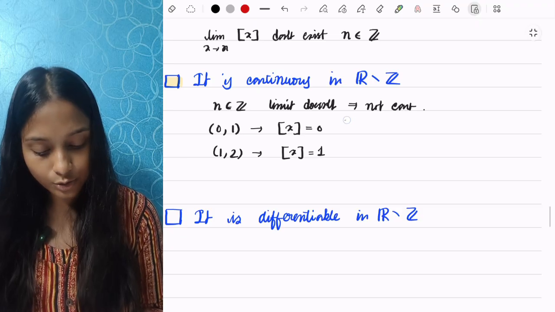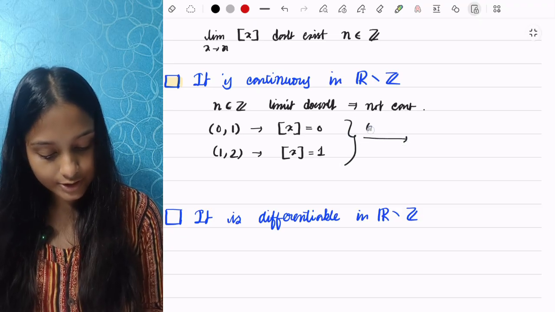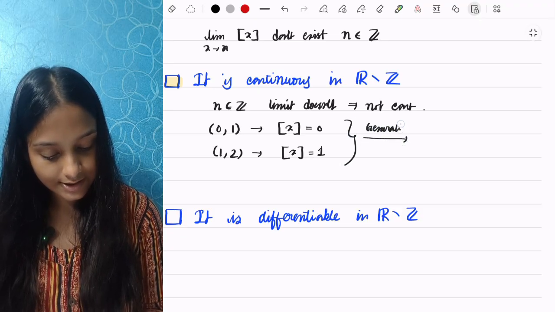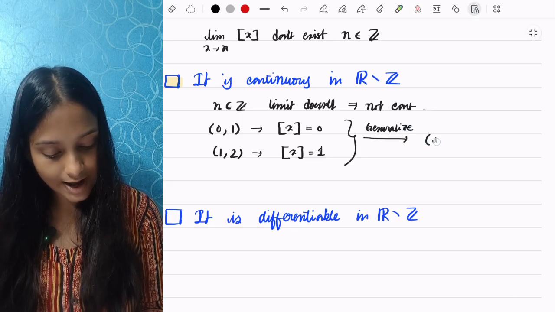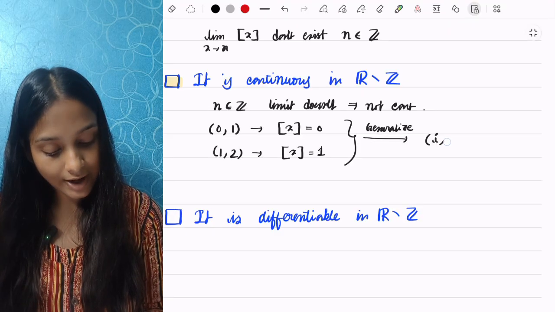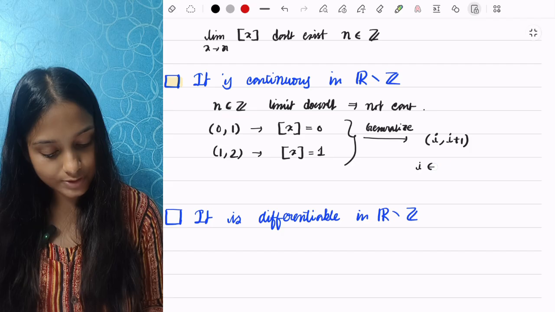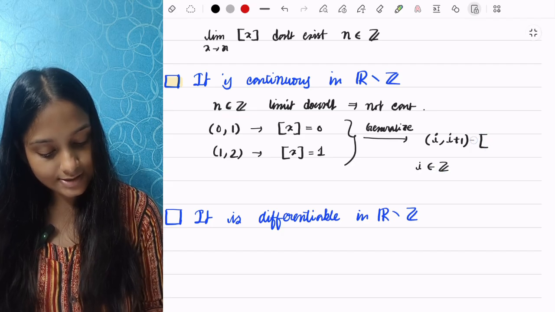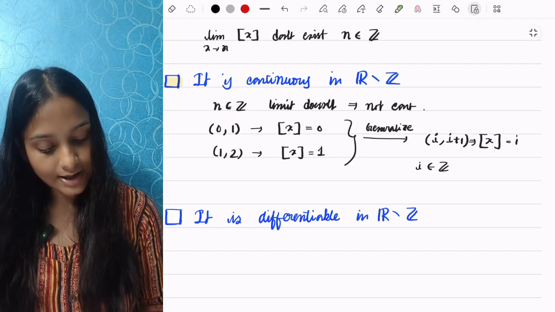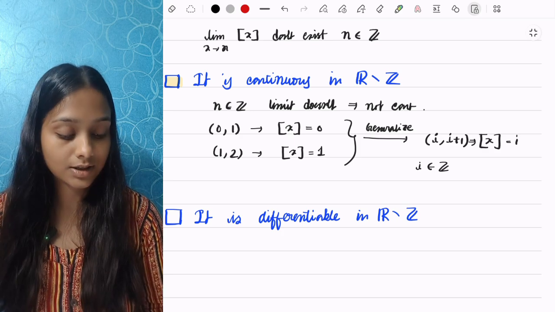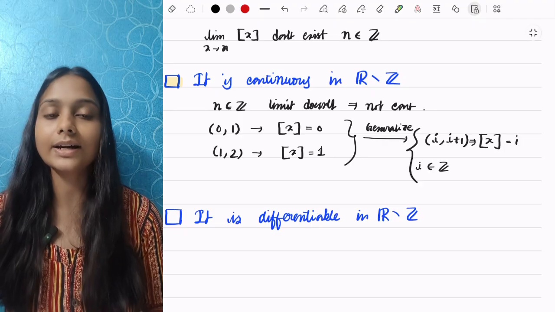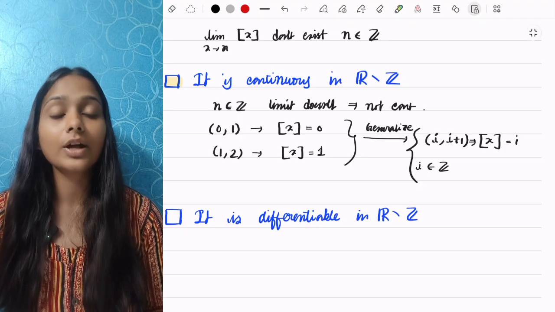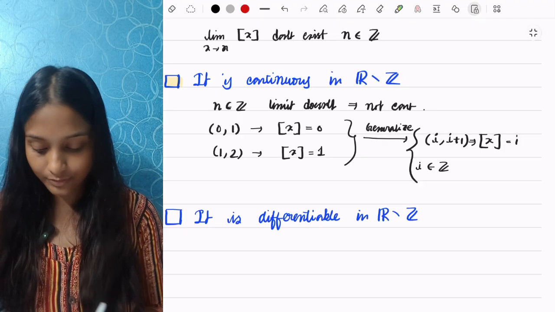So if we try to generalize it, I am denoting an integer by I. So for this, where I belongs to z, floor x must be I, and as I is a constant, that means the function is continuous in the set r minus z.